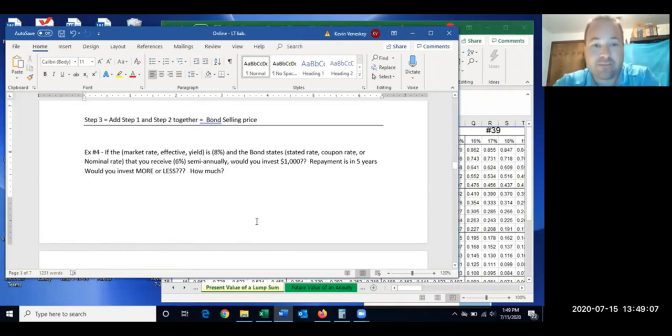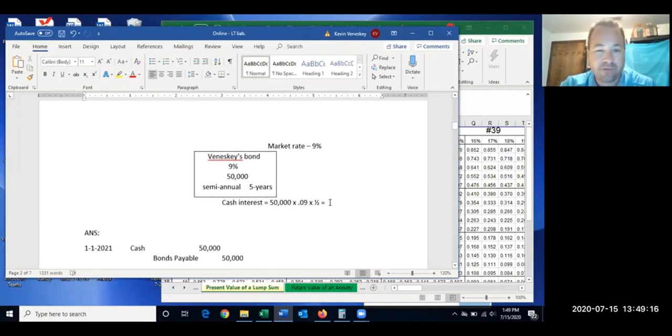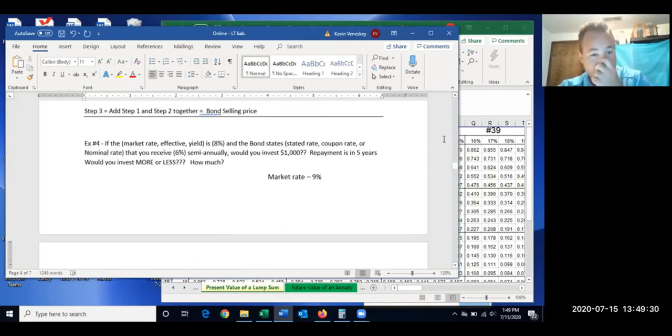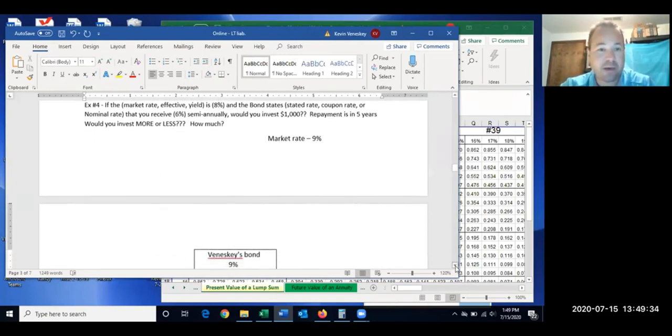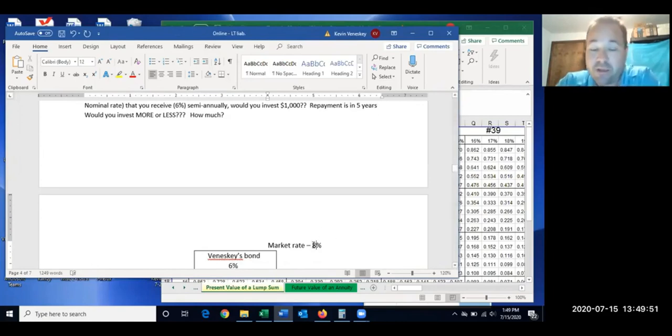All right, that is hard to understand. Let's go through this and see if we can make it a little less complicated. So the first thing I'm going to do here is copy this again. The market rate, it tells us, is 8% and the bond is at 6%. So the market is going to pay more than what I am.